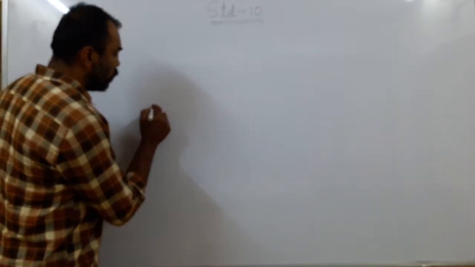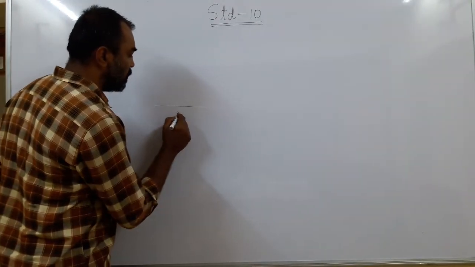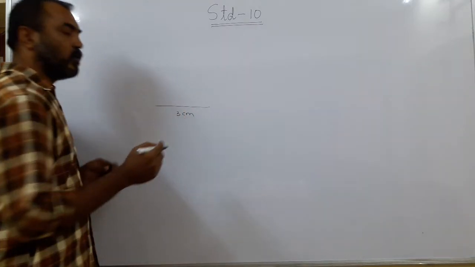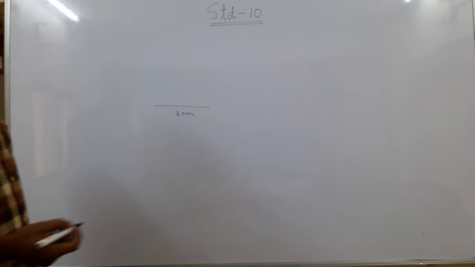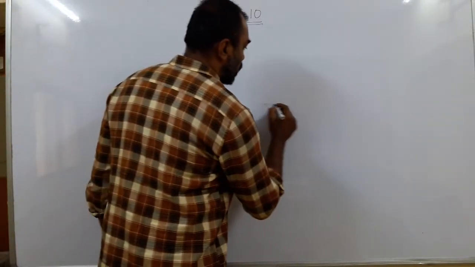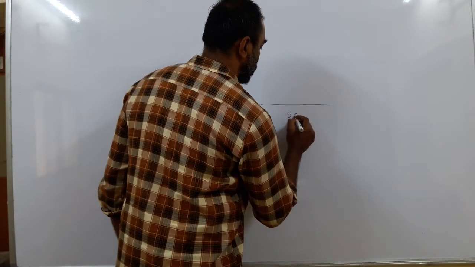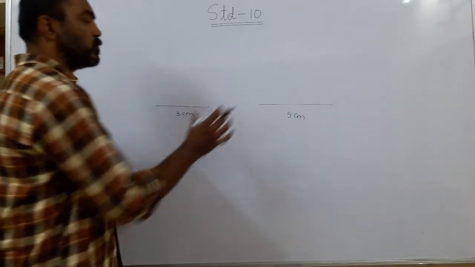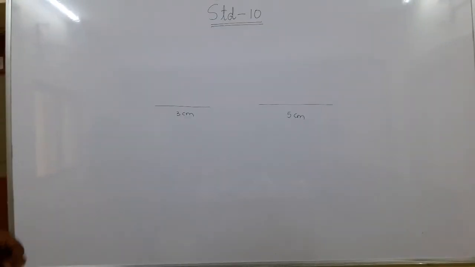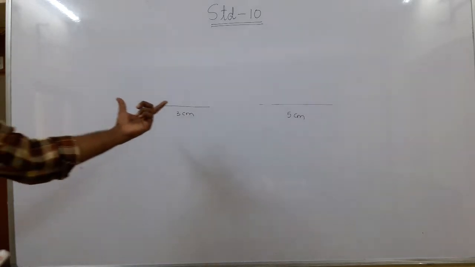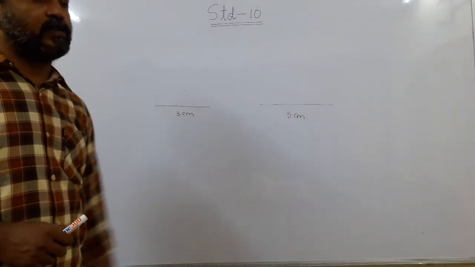Draw one line segment of 3 centimeter. I am drawing 3, you can do 4, whatever you want. One line segment of 3 centimeter and one line segment of 5 centimeter. This is not drawn to scale. In your book, you can draw it to your scale. Okay? So we have one straight line of 3 centimeter, a straight line of 5 centimeter.